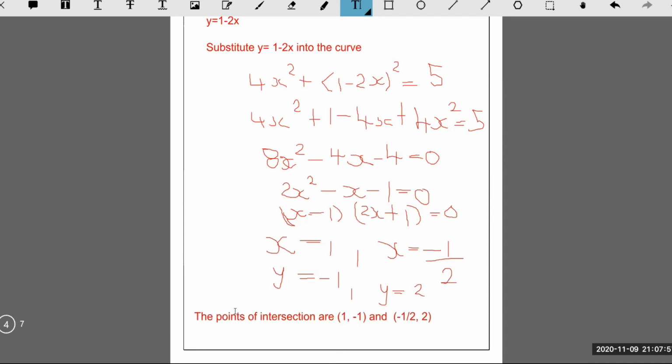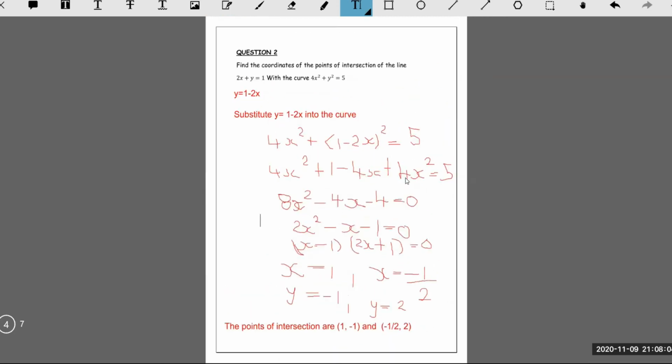And those are the points of intersection. All right. So that question takes care of itself. Very easy question. Simultaneous equation.